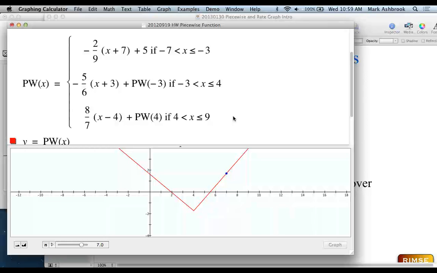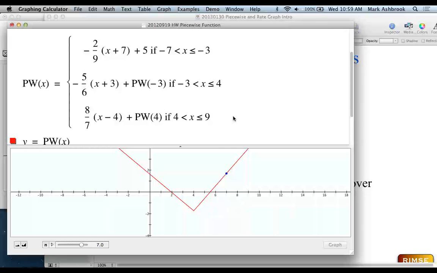Here, how do you get a horizontal line? What graphs a horizontal line? Constant, right? So if you just put constants here and then cut them off and make them segments.